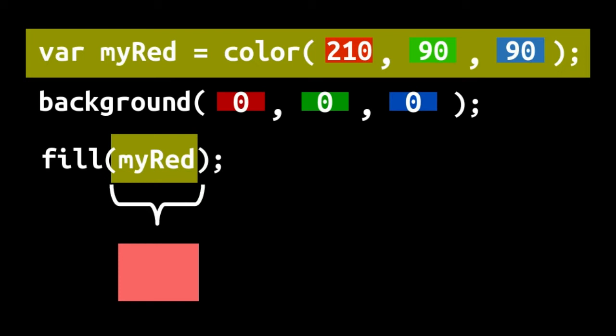Later, we can use this variable, like how we used it down here in fill, myRed. We can just replace the RGB value with the variable we predefined. So that's one way to preserve and reuse colors in code.